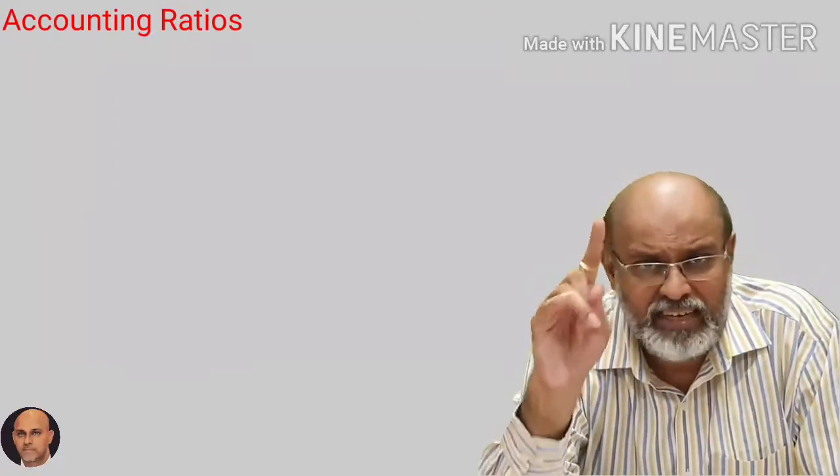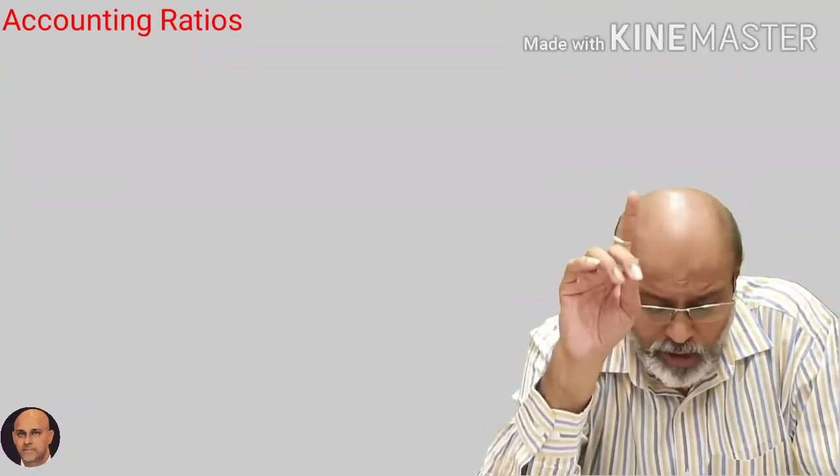So here your fixed assets out of that 3 lakh is 1 lakh 60 and your non-current investment is 1 lakh. So 1 lakh 60 and 1 lakh will give you 2 lakh 60, which means 3 lakhs minus 2 lakh 60 will give you 40,000. So 40,000 is your current assets, while your shareholders funds is 2 lakhs and your non-current liabilities is 80,000.